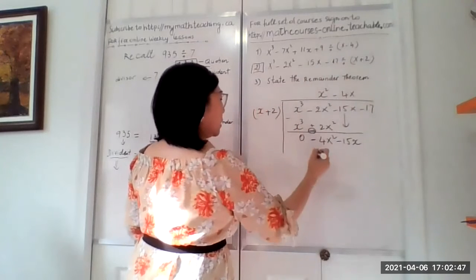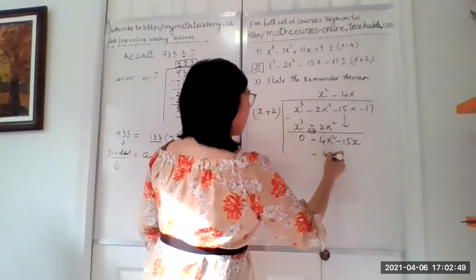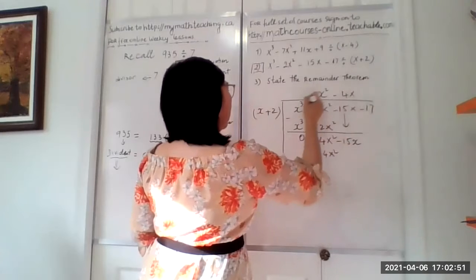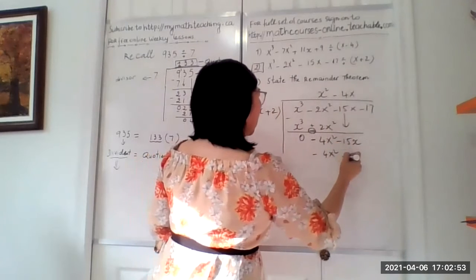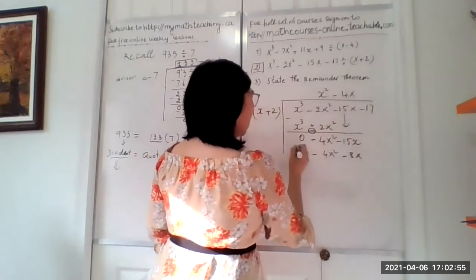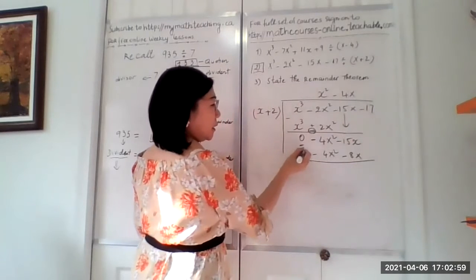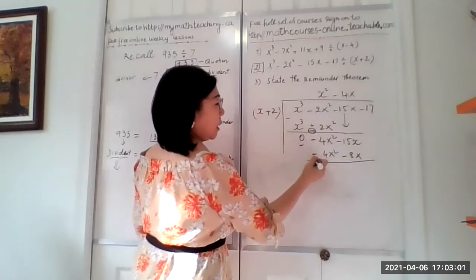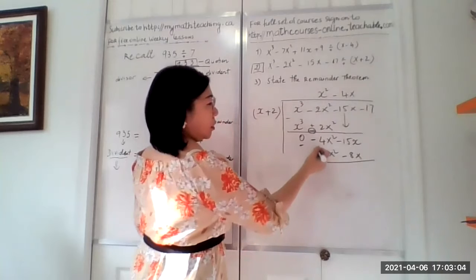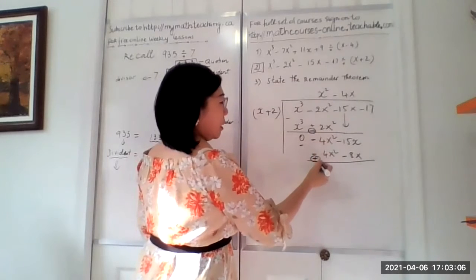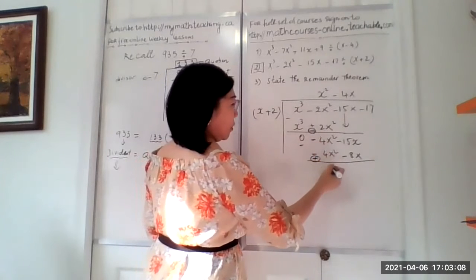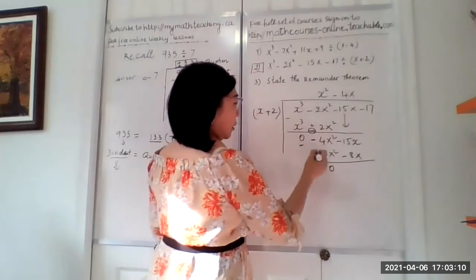So now I'm going to multiply them. Minus 4x times x is minus 4x squared. Minus 4x times 2 will be minus 8x. Subtract between them. Keep in mind this negative will alter this to become a positive. So negative 4x squared plus 4x squared is 0x squared.